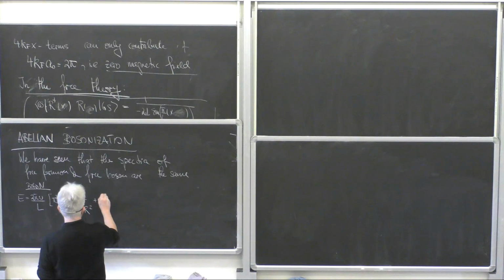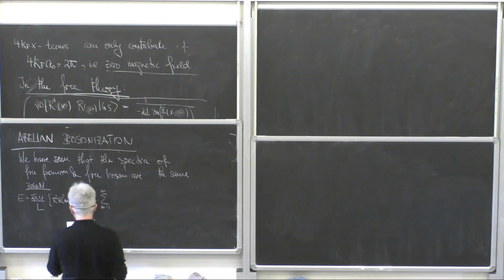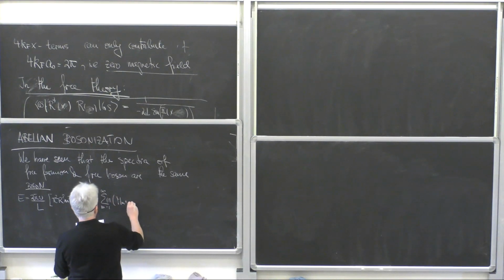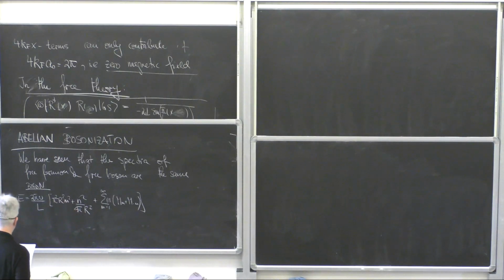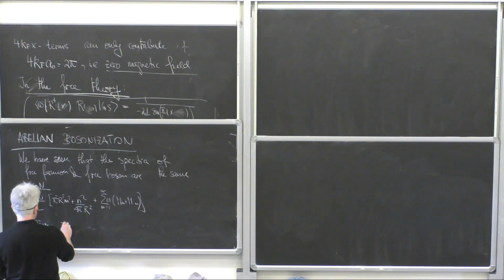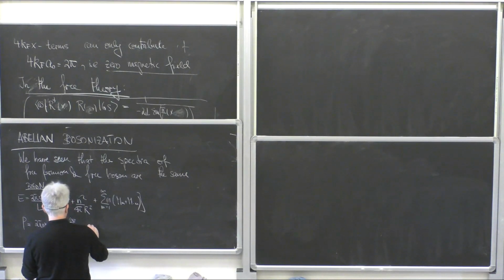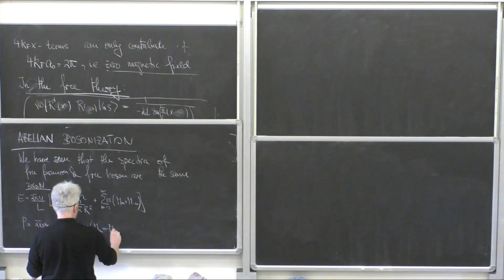and then plus the sum over m equals 1 to infinity, m times a plus m a minus m. And P, we had 2 pi nm plus 2 pi over L sum over m equals 1 to infinity, minus m a minus m.